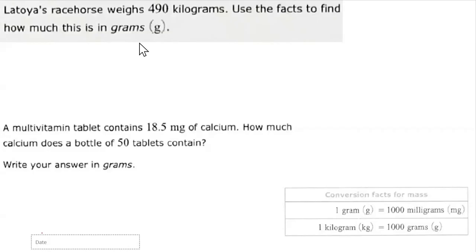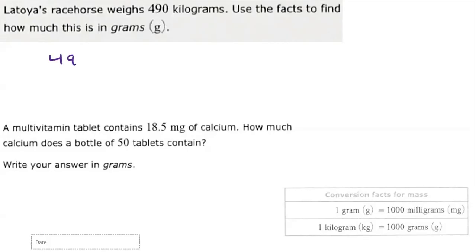All right, so we need to use these conversions to figure this out. We want to convert kilograms to grams. On our conversion facts, it tells us that 1 kilogram is equal to 1,000 grams. So that's the conversion we need to use.